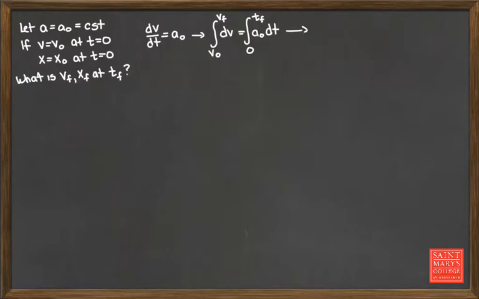And we can do each of these independently. So the integral of dv from the initial velocity to the final velocity is just the integral of a constant, which is just the variable itself over the limits of integration. So this is just the final velocity minus the original velocity.